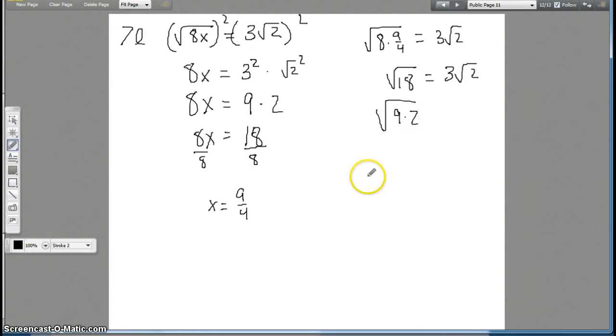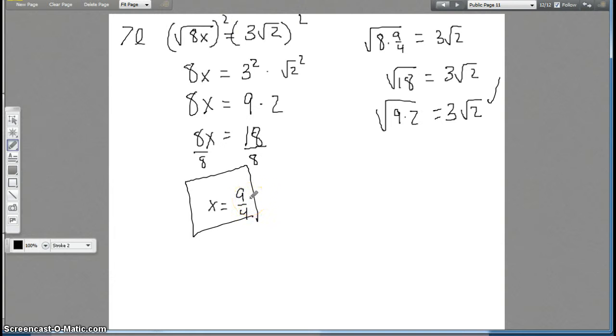So we can write 18 as 9 times 2 under the square root. And when we take 9 outside of the square root, we get 3, and we still have a 2 left behind. That means that what we started with does equal 3 square root 2. It works. So x equals 9/4 is actually a solution to our equation.